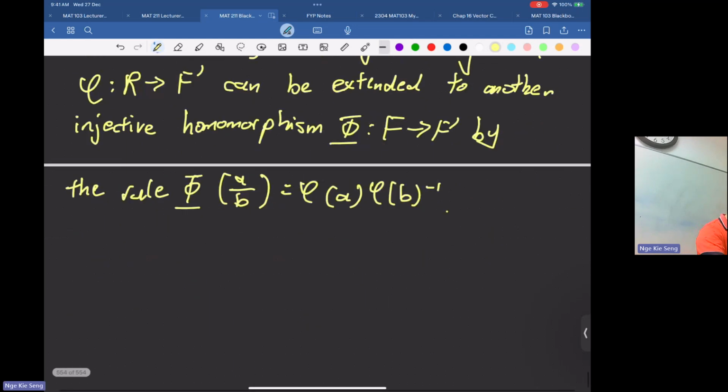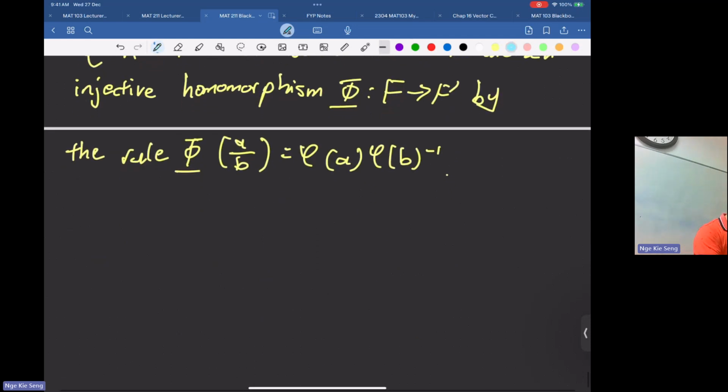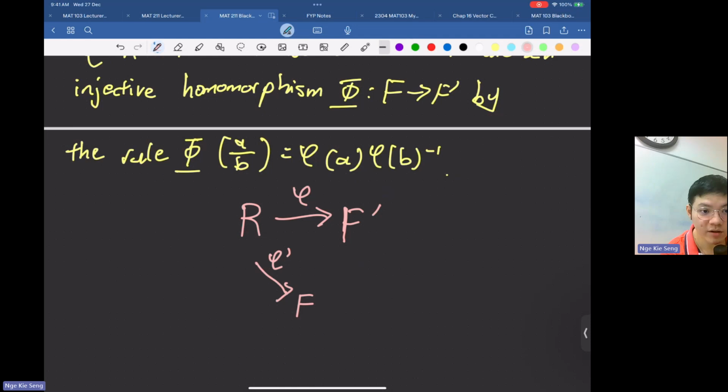Okay, so let me draw this diagram for you. First of all, I have R, and then I have a map into F prime using this little phi. And then I have another embedding, F prime to F. Let me see which one is F, which one is F prime.